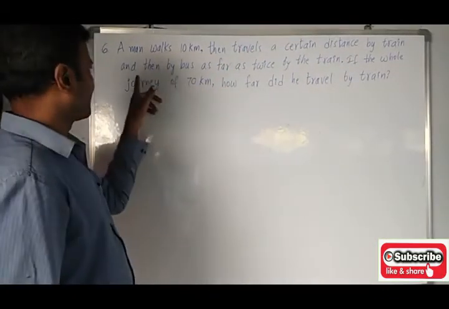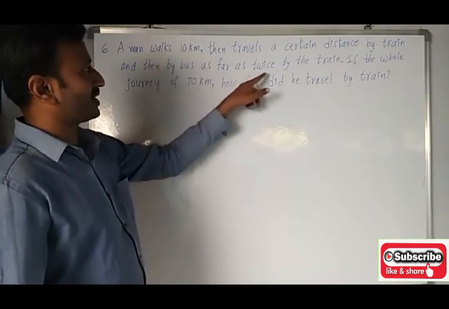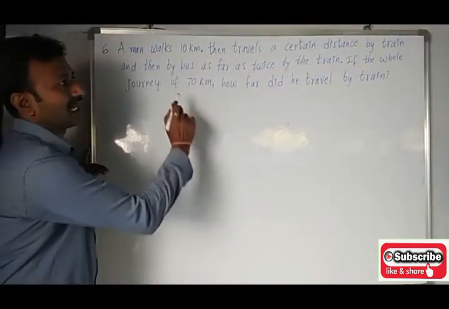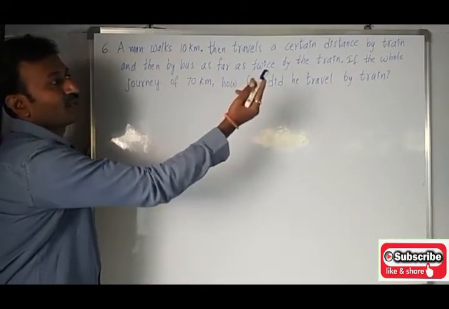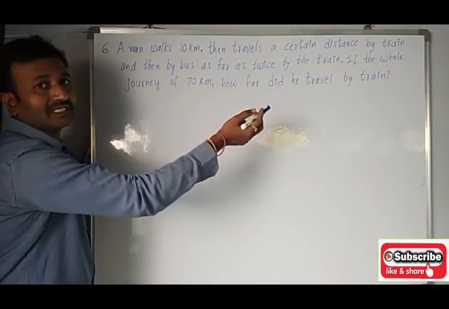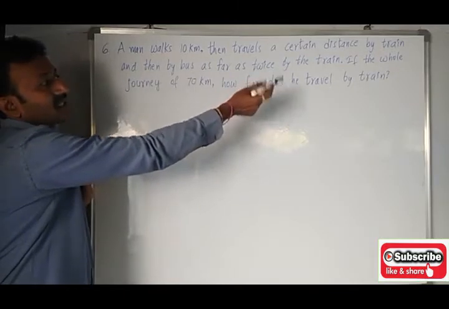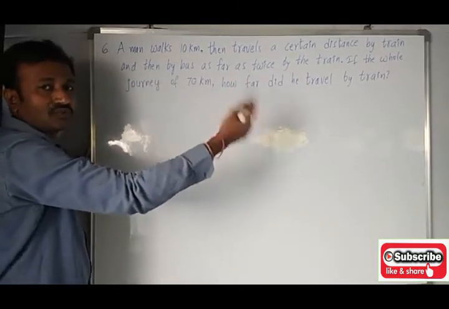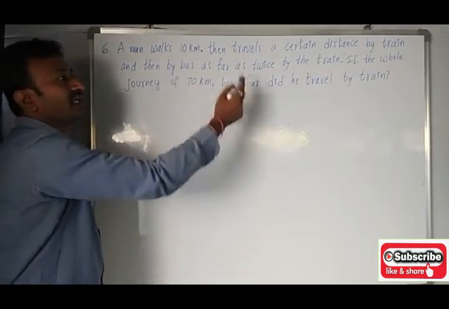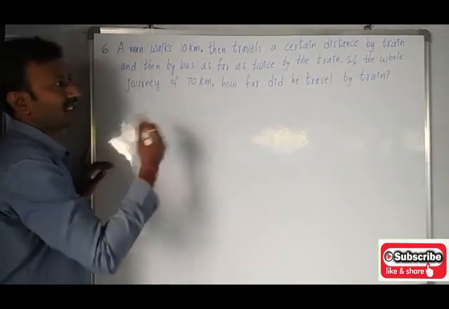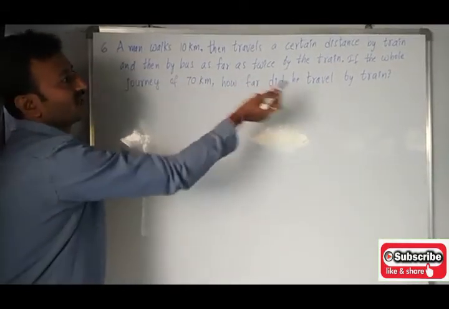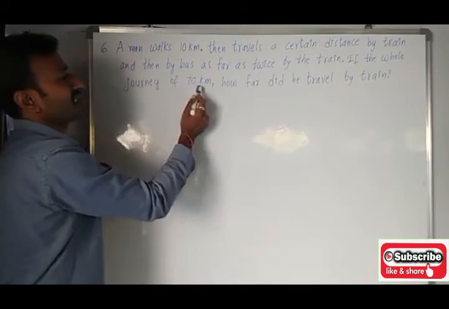Don't know. And then by bus, as far as twice the train. If suppose in the train x kilometers traveled, he will travel in the bus twice as the train, meaning 2x kilometers he will travel in the bus. That is the condition. Now the whole journey is 70 kilometers.